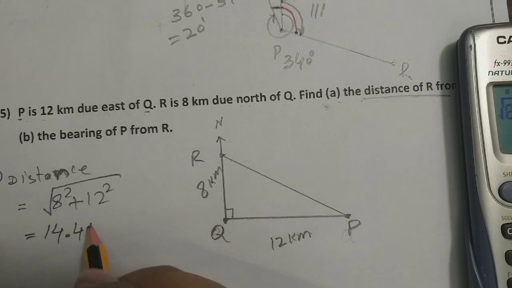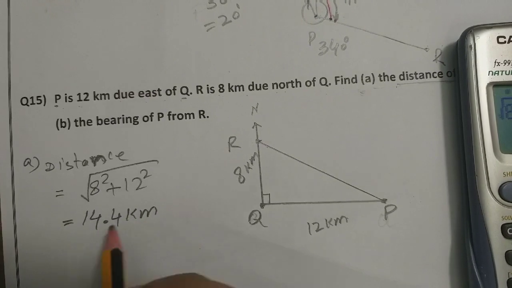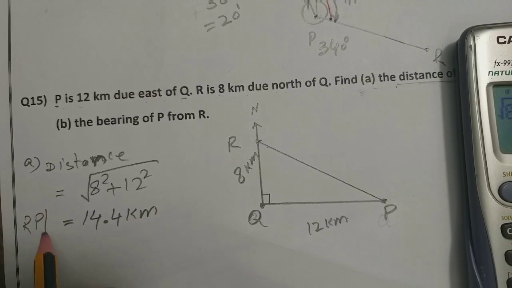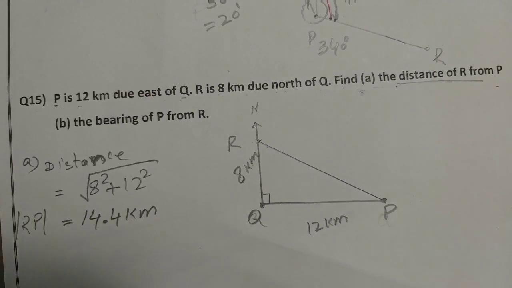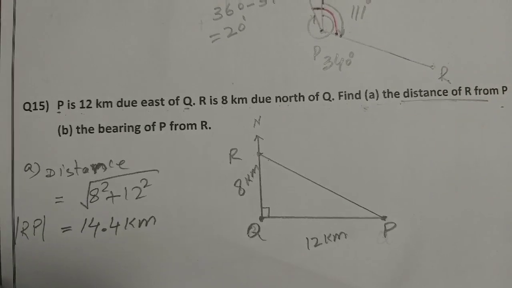This is the length in kilometers. So this is the distance of RP, which is 14.4 kilometers.